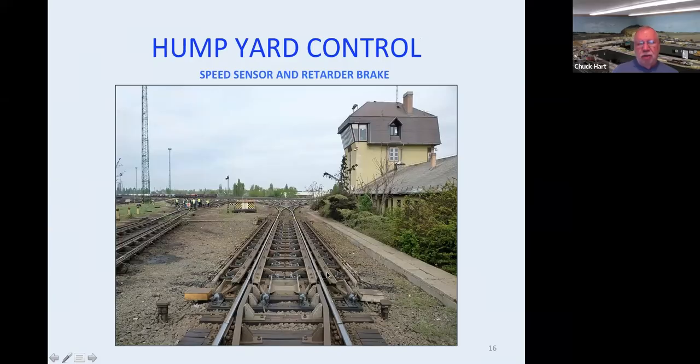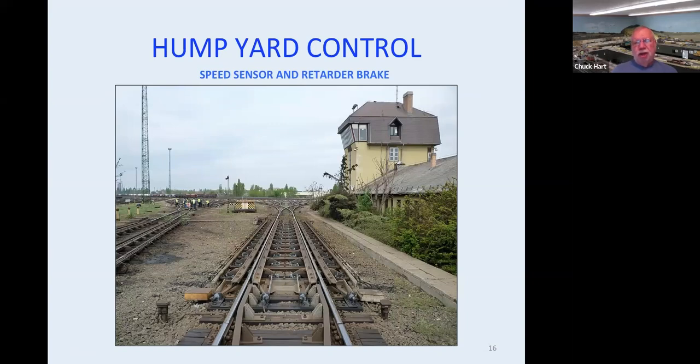And then this thing right here will squeeze against the wheels and slow the car down, depending on how much speed the car was moving as it went through there. And then you can see the class tracks down here in the background. So that's a hump yard control. You'll have a guy up here in the tower. You'll have a locomotive engineer up pushing the train.